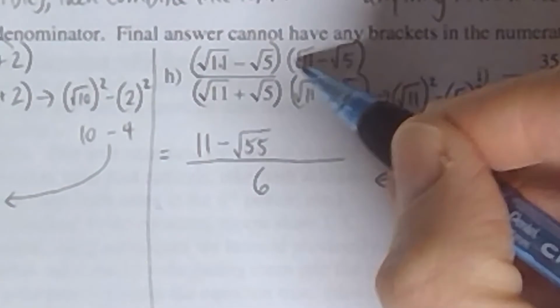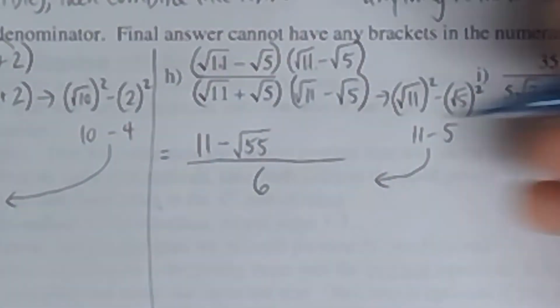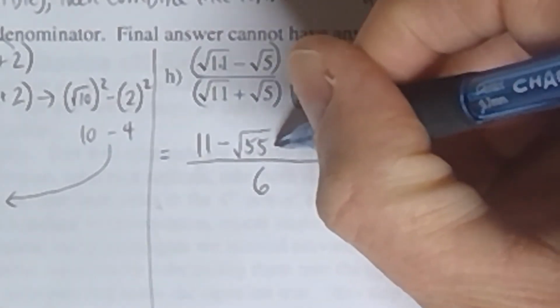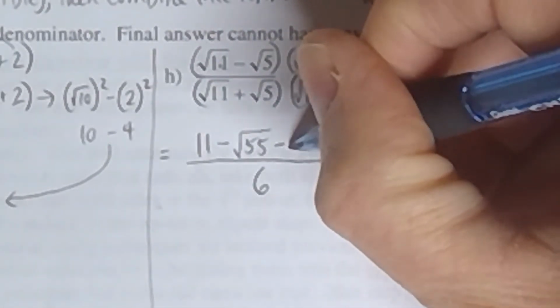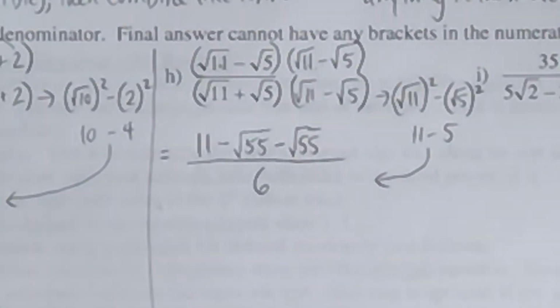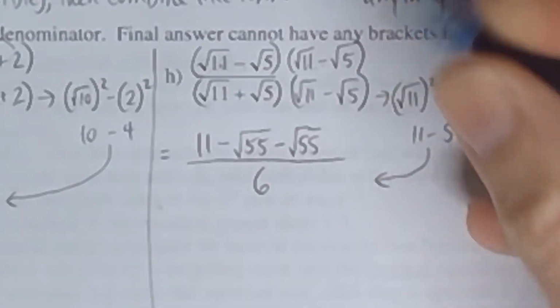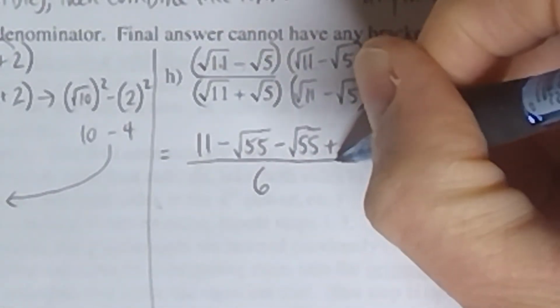Same exact multiplication here on this one. All right, square root of 11 times negative square root of 5. So positive times negative is negative again. Inside times inside is going to give me 55 on the inside. And then finally, negative times negative is positive, so put down that plus there.